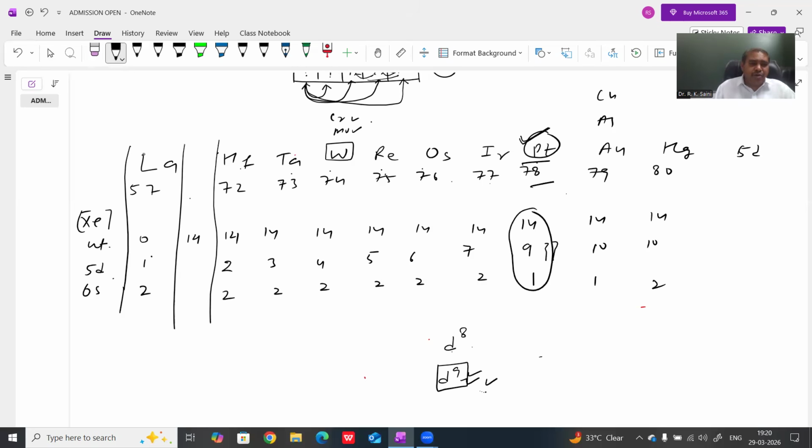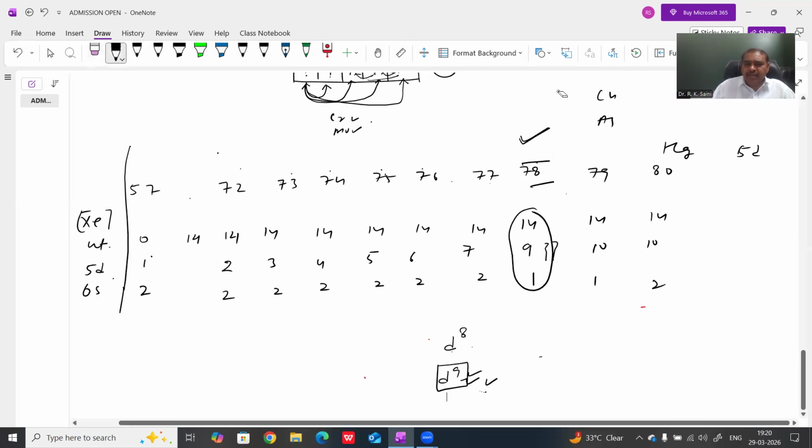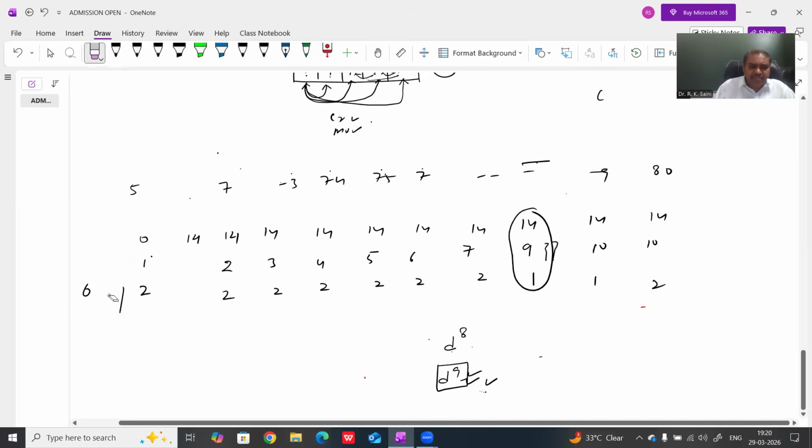Next, we discuss the electronic configuration of the 6d series. The first element of the 6d series is actinium.